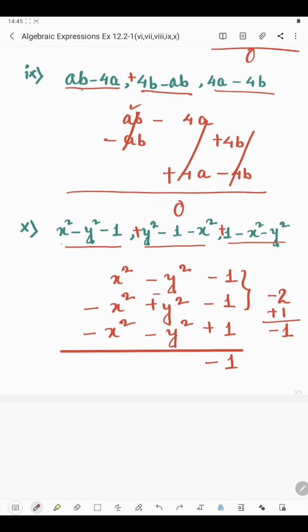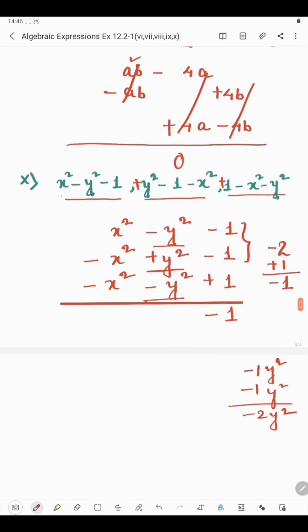Now here minus y square and minus y square, these two are having similar sign. So if they have similar sign, then we will have to do addition. So coefficient of y square is 1, so minus 1 y square and minus 1 y square, so it will be minus 2 y square, right? Because we'll have to add the coefficient, 1 plus 1 is 2, and the sign will be minus, and here we have plus y square.